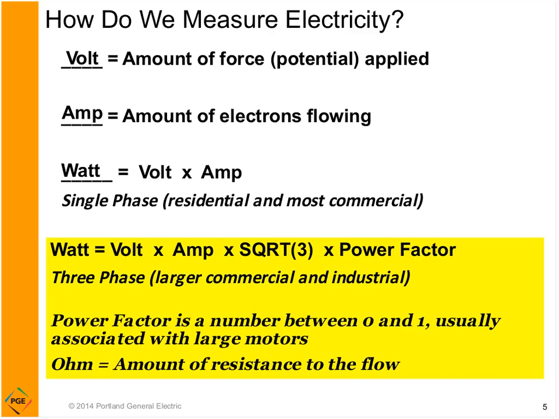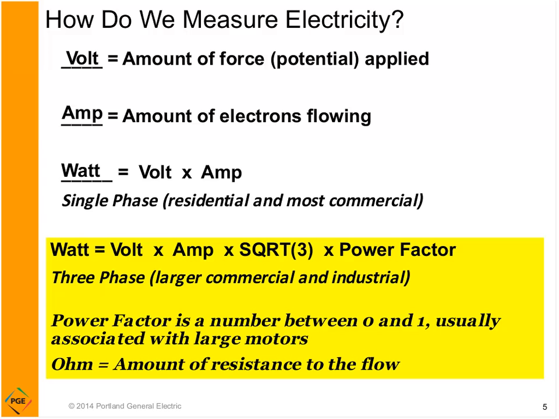So volts times amps times the square root of 3 times 1 would be the formula for most customers. For a few customers with very large motor loads, you can find a power factor that is less than 1: 0.9, 0.8, 0.7. And you can see that would very quickly change the amount of watts that you get if your power factor starts dropping.